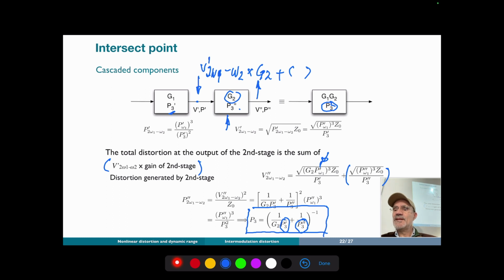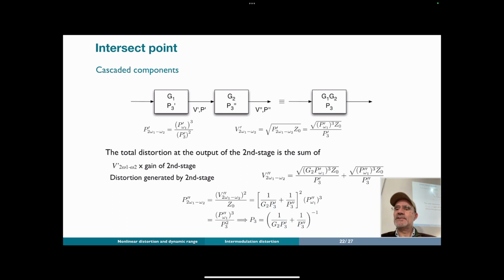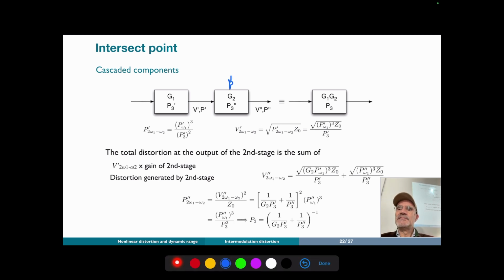So if the second amplifier here has no distortion, what's P3?